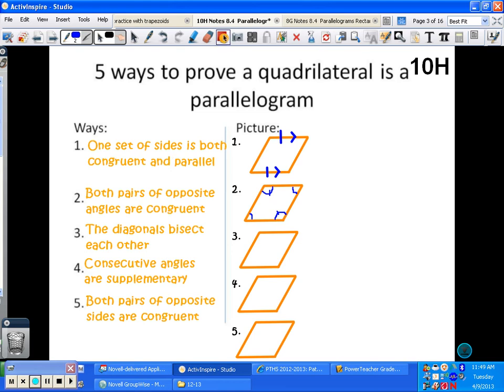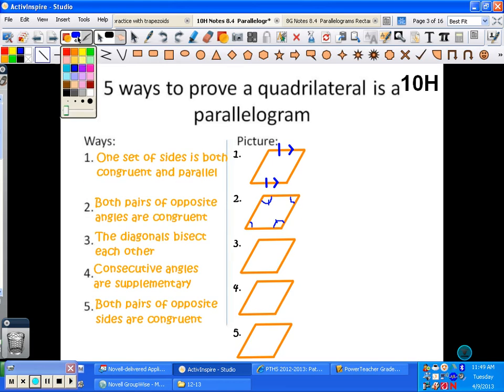If the diagonals bisect each other, let's add the diagonals to our drawing. Let's go one right there and one right there, and then to show that they bisect each other, we'll mark this congruent to this and that congruent to that.